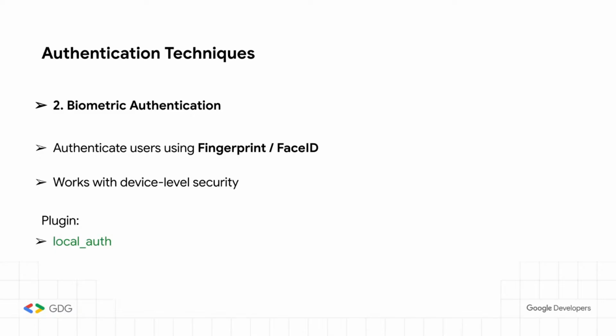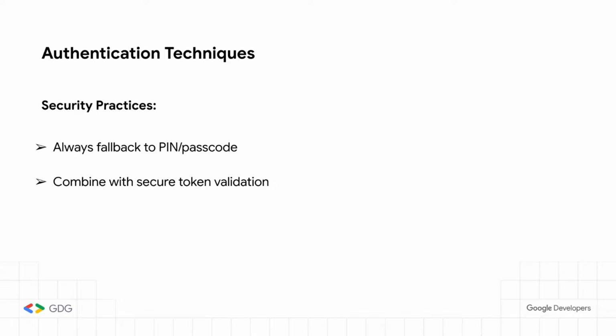Even for iOS, it's mostly going to be Face ID, but in the older versions of iPhone, we still have fingerprint security there. So the security practice for using biometric auth is to always fall back to PIN and passcode. Combine it with the secure token validation.